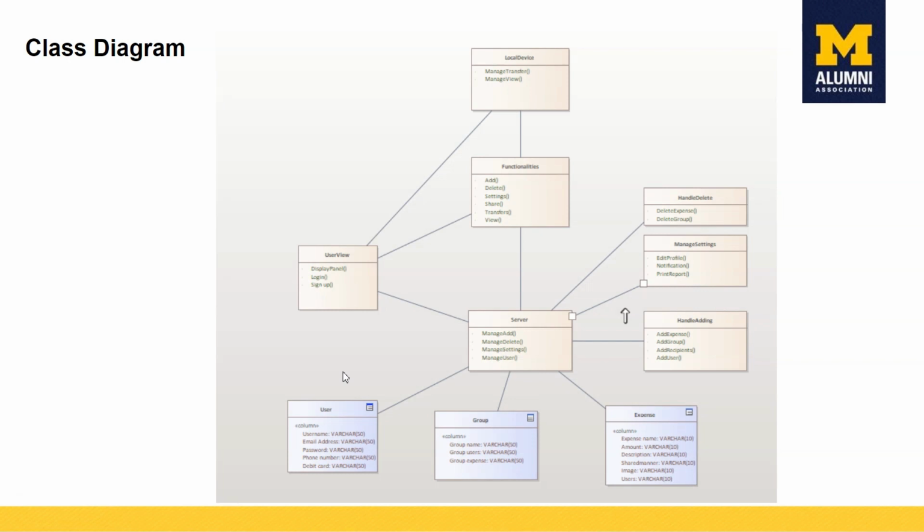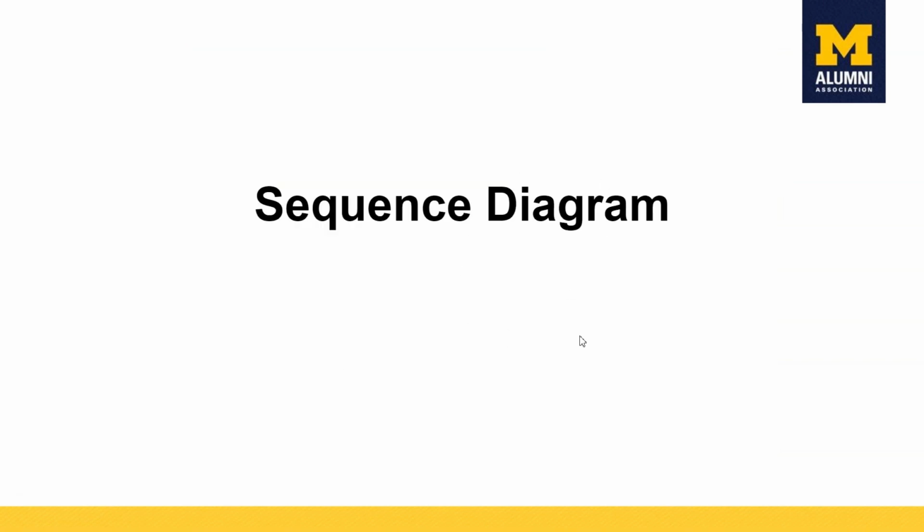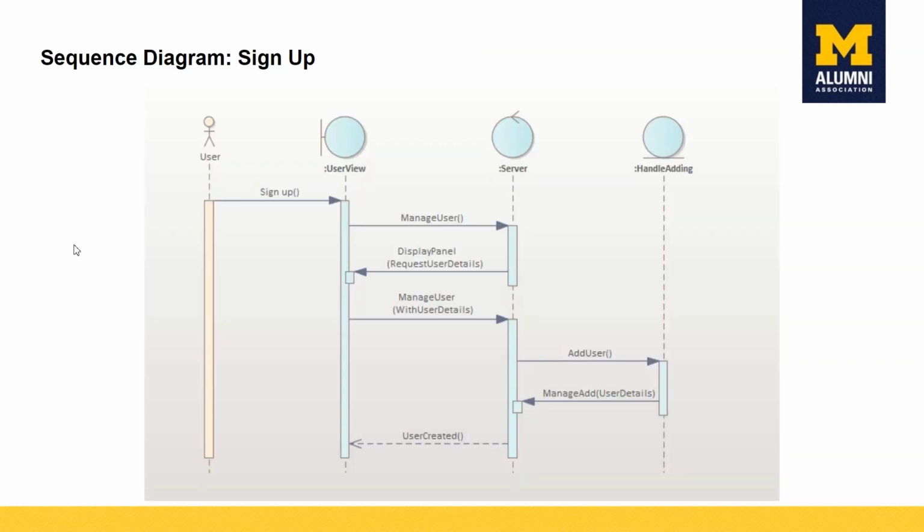Okay, so now let's move and go through the sequence diagram. The first sequence diagram is for signing up a new account if the user does not have an account. So first the user will use the sign up button and it's gonna be in the user view, and the user view will contact the server and using the manage user to check if the user is there or not.